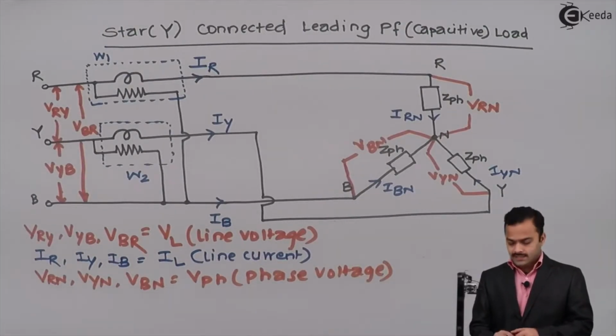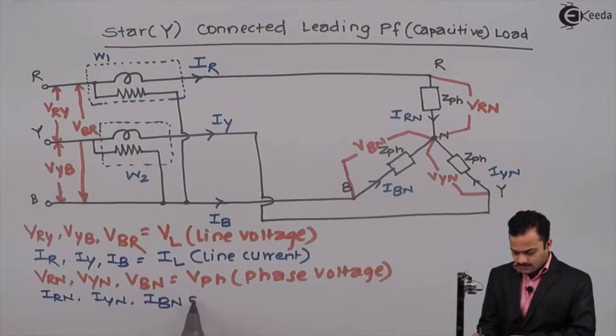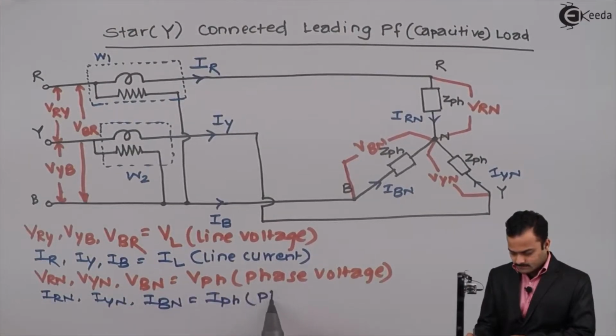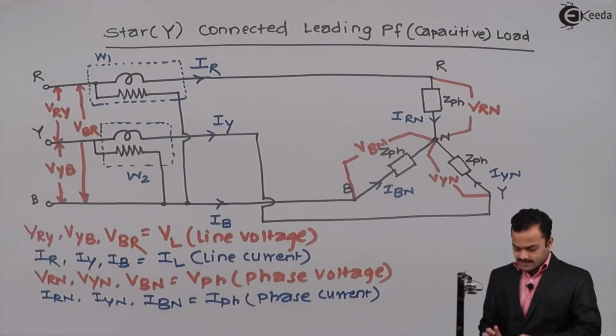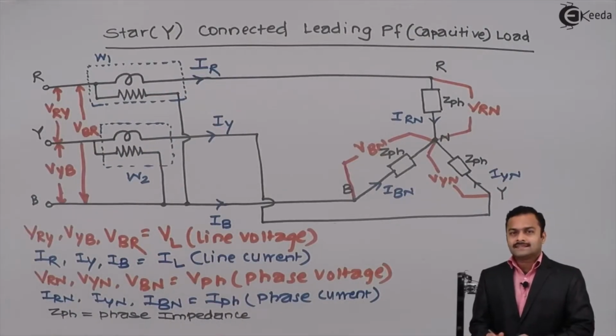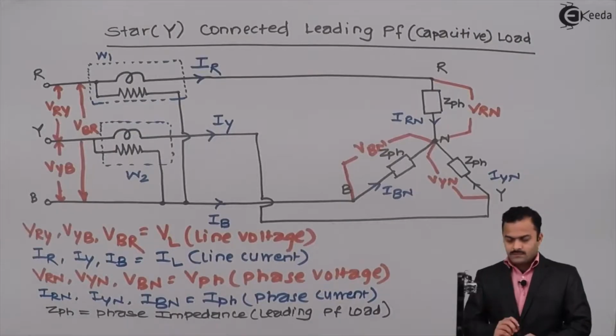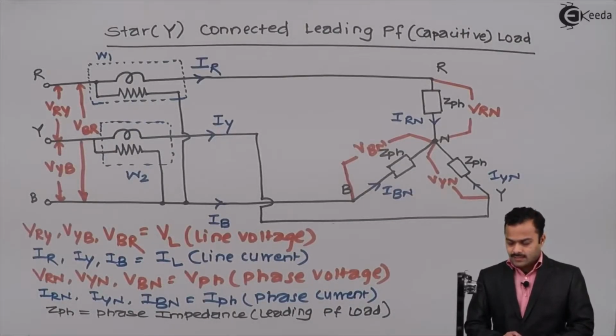And finally we have shown IRN, IYN and IBN, nothing but phase current IPH. And ZPH is the phase impedance. The nature is capacitive or leading power factor. So this is the structure that we will connect while measuring power with the help of two wattmeters in a star connected leading power factor load.